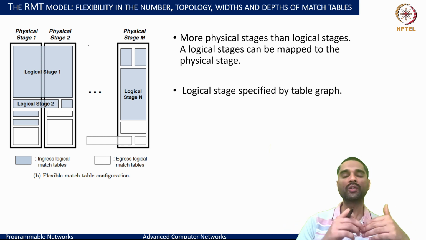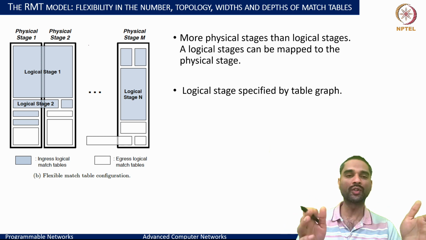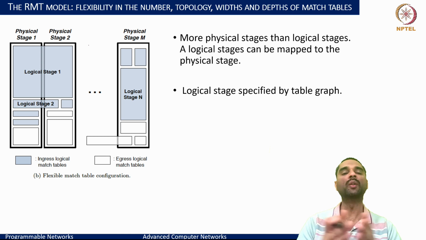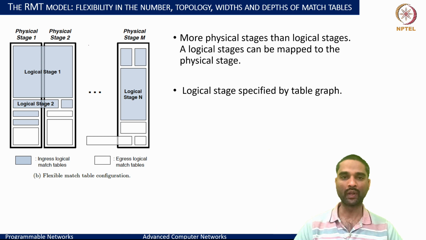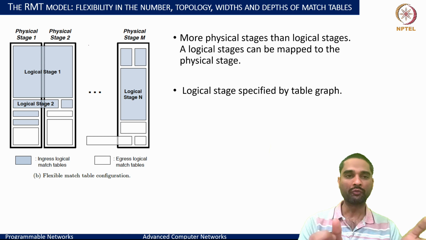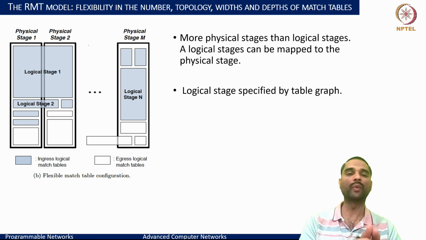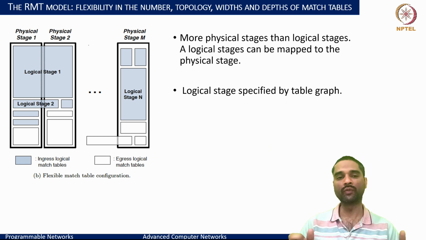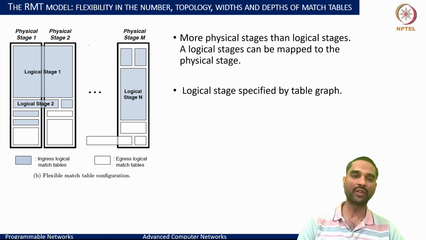That means the width of a logical stage may encompass multiple physical stages. So if the physical stage comes with width support for 24 bits or 32 bits and we want to match on 64 bits, then 2 of the 32-bit stages would allow us to do that. So a logical stage of 64-bit matching and processing could be realized through the use of 2 of the physical stages, as we see in this diagram here.